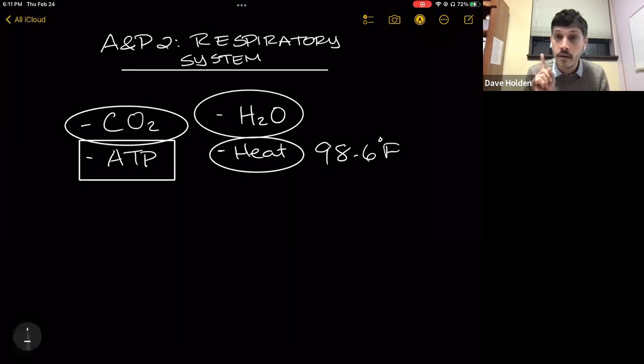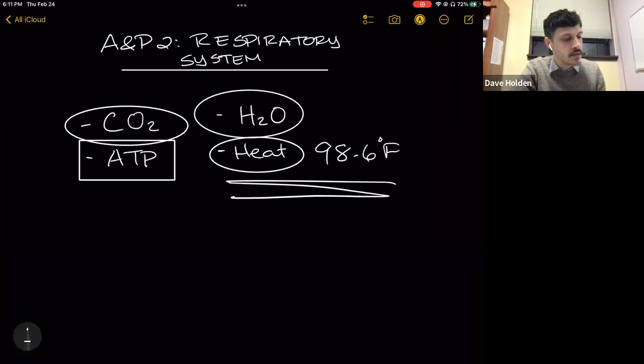So think about something like this. The production of heat will be linked to the rate at which your cells are undergoing the Krebs cycle. And when we talk about the rate at which your cells go through the Krebs cycle, we're talking about metabolism, right?